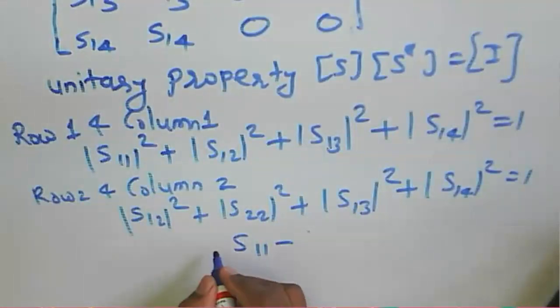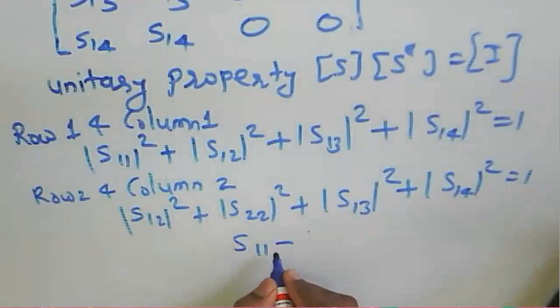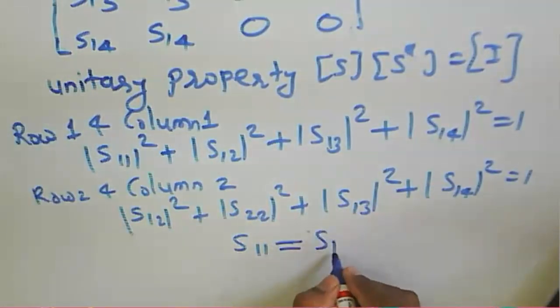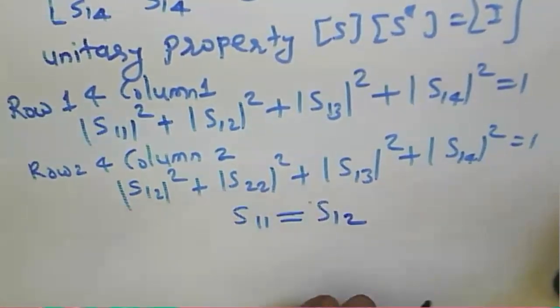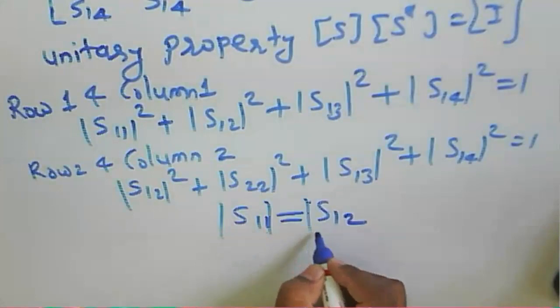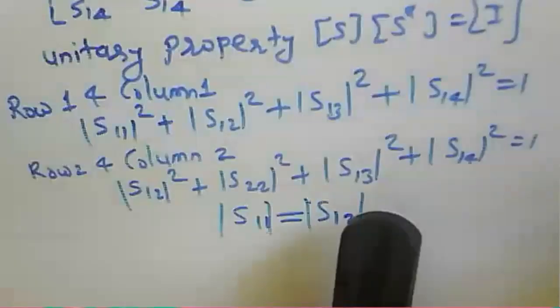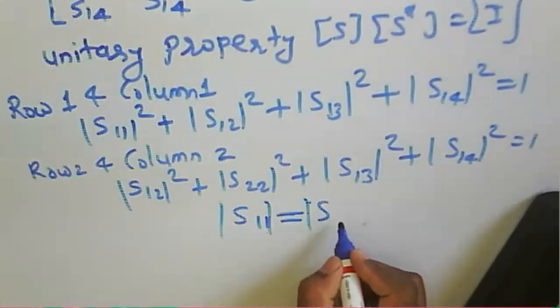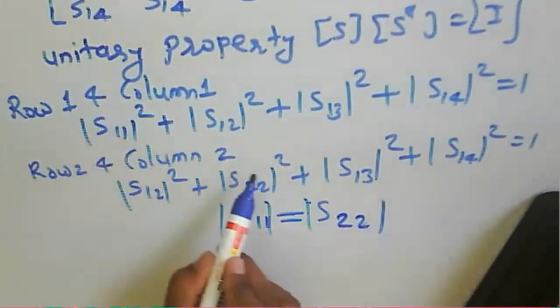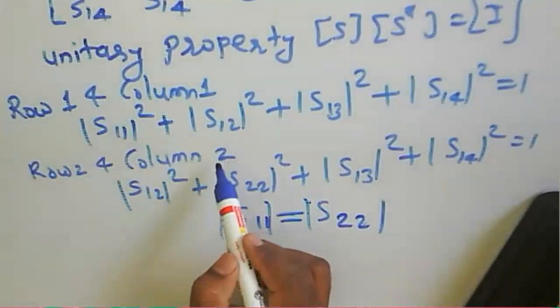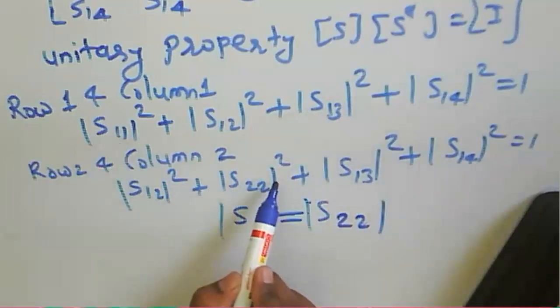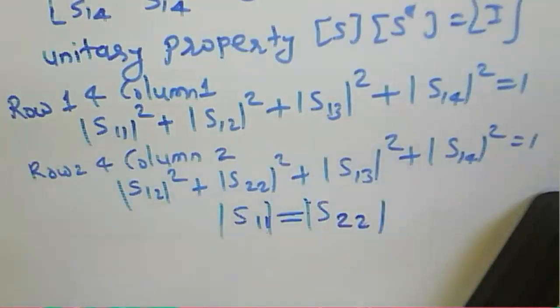We can write here S11 is equal to S22, simply. That is the condition. Sorry, S11 is equal to S22 because all other terms are common and will be cancelled. Only this term will be remaining: S11 is equal to S22. That's the first term.